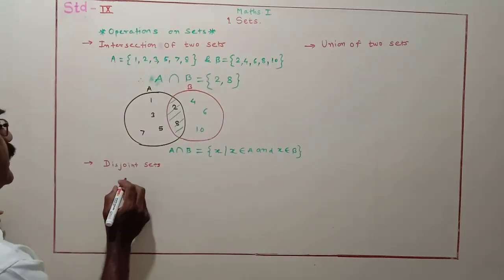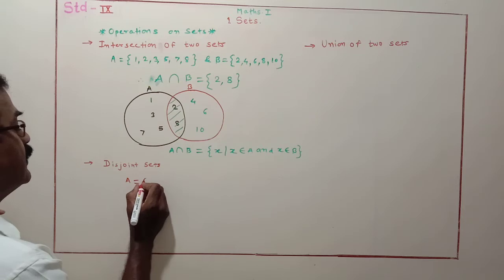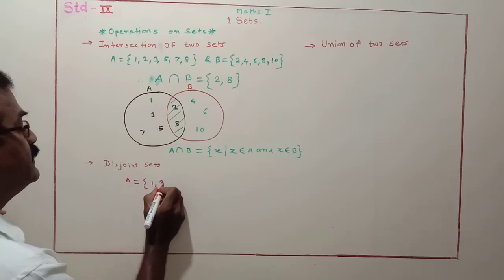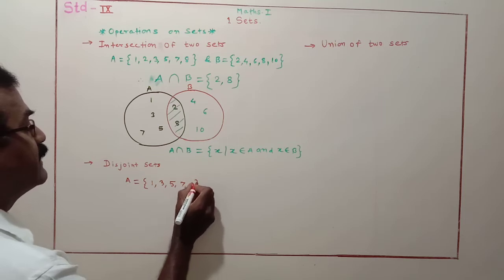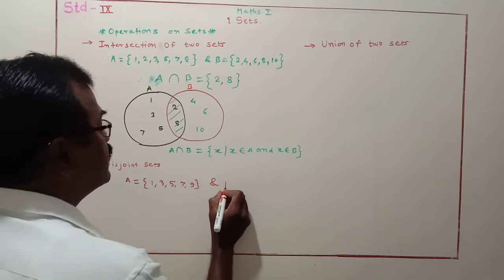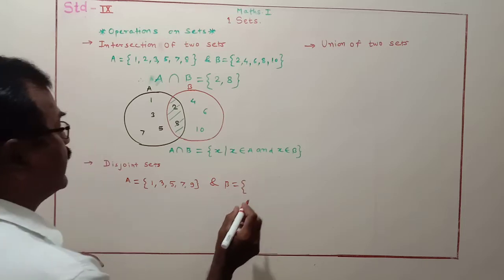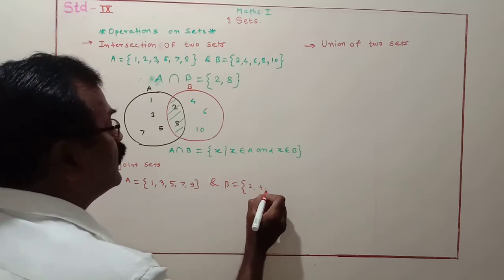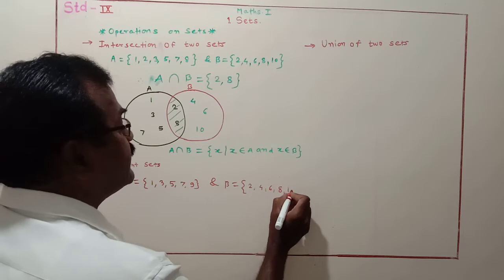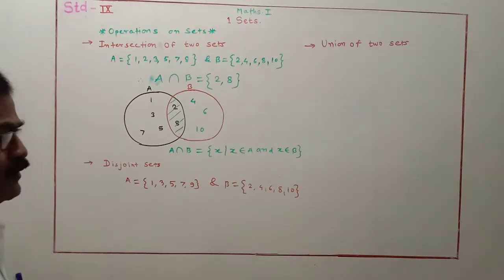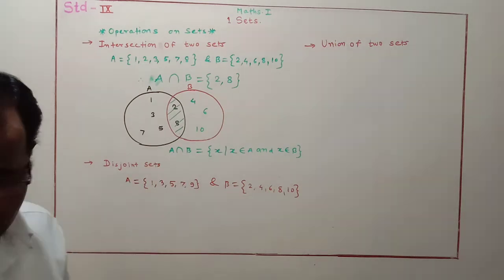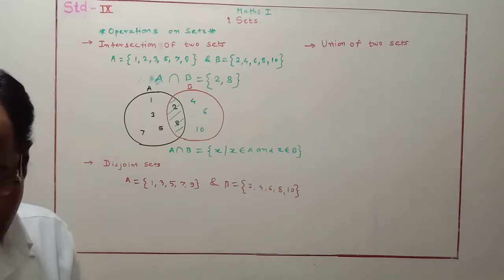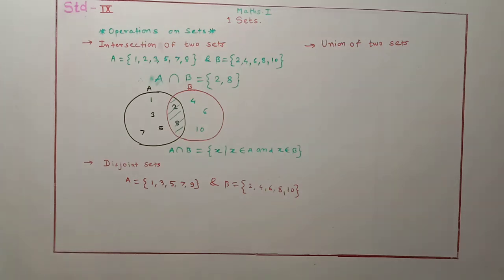If we write A is equal to, in curly brackets, 1, 3, 5, 7 and 9, and B is equal to, in curly brackets, 2, 4, 6, 8 and 10, these two sets are completely different from each other. Therefore, these two sets are called disjoint sets.